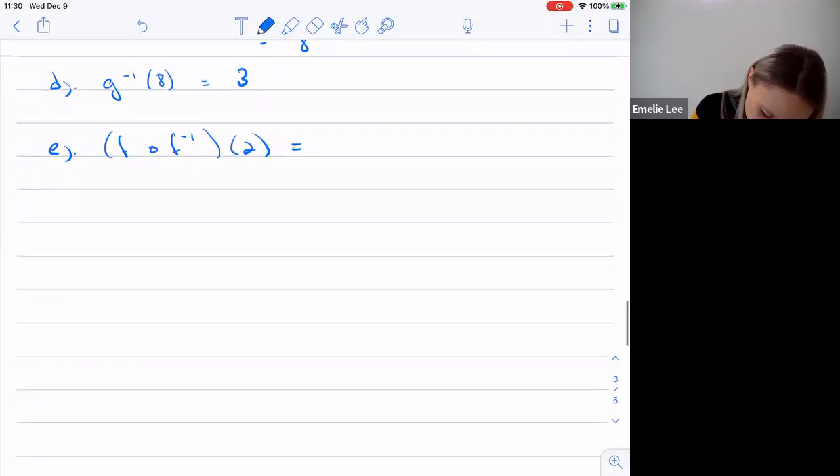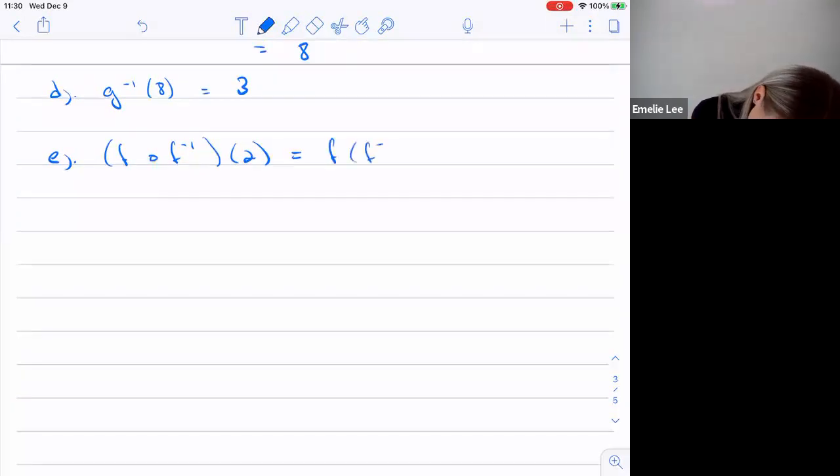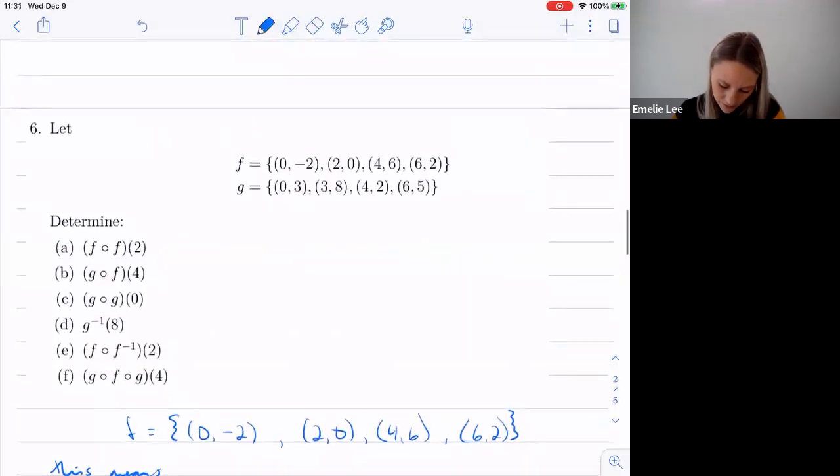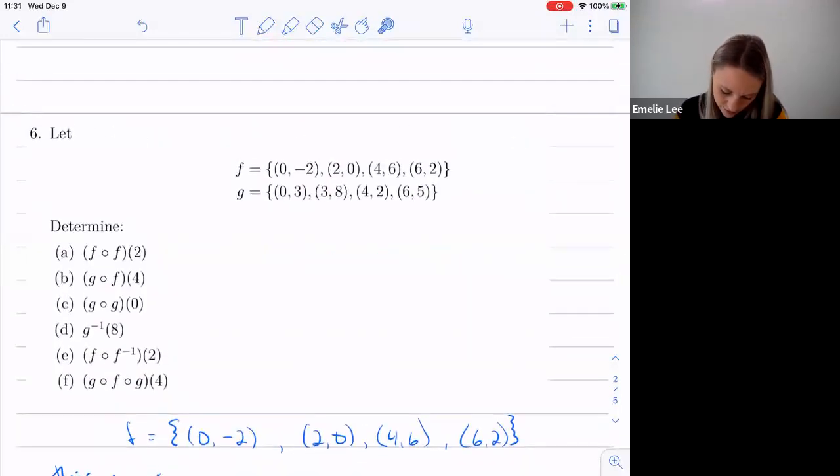So f composed with the inverse of 2. Okie dokie. f inverse of 2 is 6. Okay? And then f of 6 is 2.